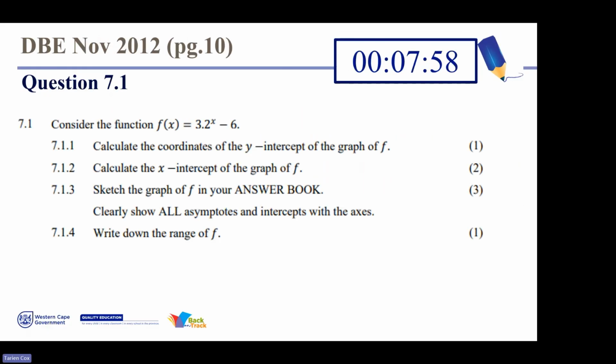And now we are going to look at question 7. So we've done a hyperbola, a parabola and a straight line, and now we are going to do an exponential. So very fast, I'm going to give you 8 minutes to complete question 7.1, and that will be on your page 10, and good luck.